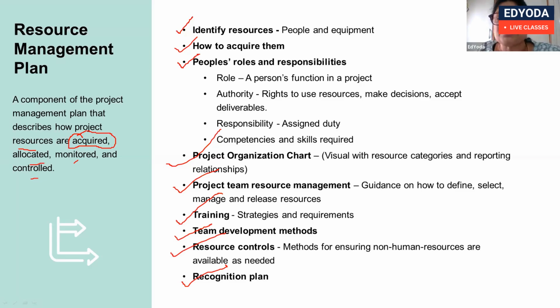So these are all the components of a resource management plan. All these details are included in the resource management plan. Okay, all the training details, everything. Team resource management, their roles and responsibilities, how do we acquire them, how do we train them, how do we maintain them, all these things are available in the resource management plan.